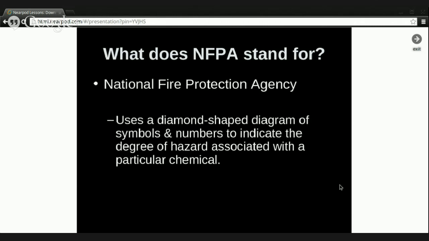The numbering system goes from 0 to 4. You can write that over to the side on your paper. The numbering system for the NFPA goes from 0 to 4. And basically what that means, and this is for each category, it goes from 0 to 4 in each category. 0 represents normal.